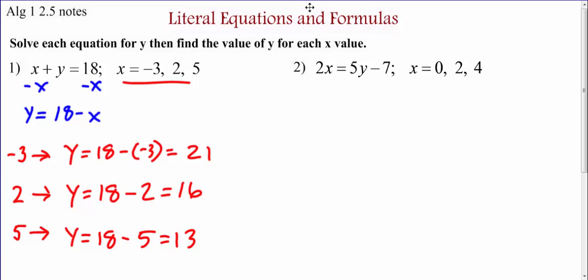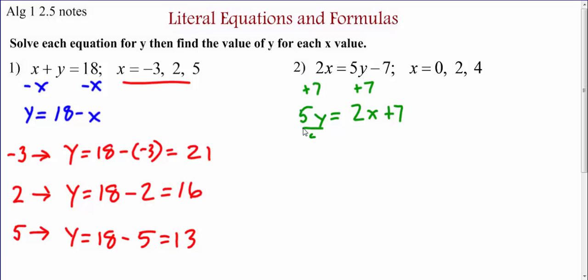All right, so we're going to do the same thing on the next set here. We'll start by solving for y. Now this one, there's a little more work to solve for y, still not too bad. Add 7 to each side. And I'm going to kind of switch the order of these two. I'm going to go ahead and move the 5y to the other side. So 5y equals 2x plus 7.